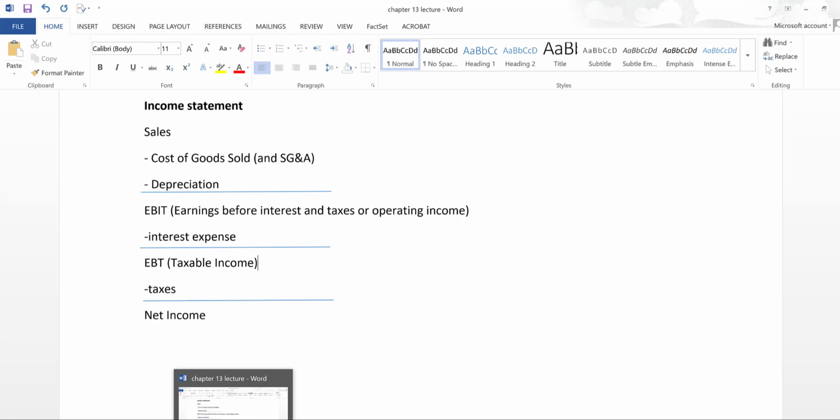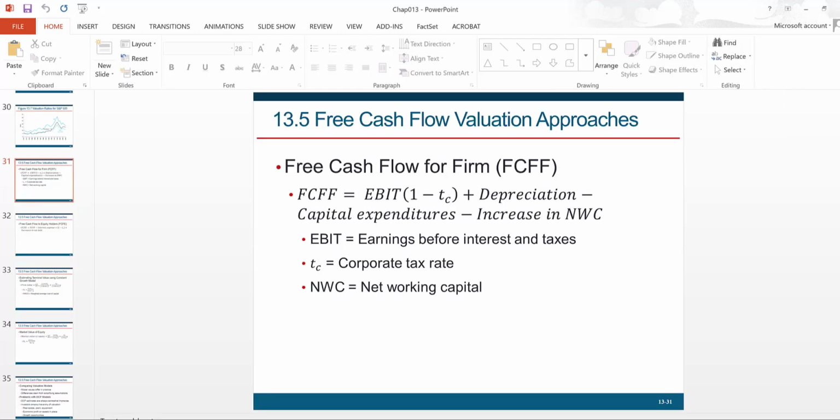But the reason we are not including the interest expense in our FCFF calculation, this is the free cash flow to the firm, the reason it is skipped over is because it will actually be used in the denominator. Our denominator is basically the cost of capital, and interest expense is our cost of capital, right? So we don't want to double count it. So we don't use it in the numerator. We account for cost of capital in the denominator. So that's why we skipped over interest expense here.